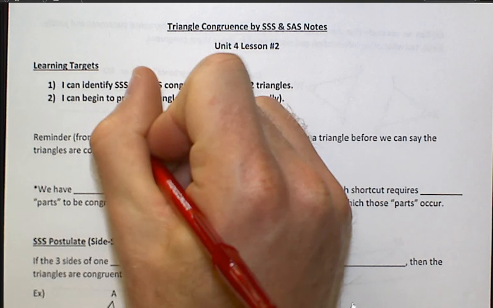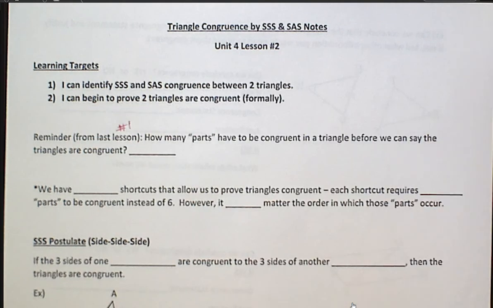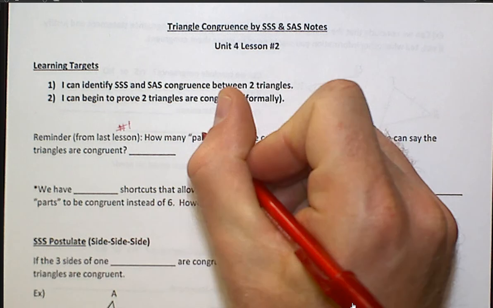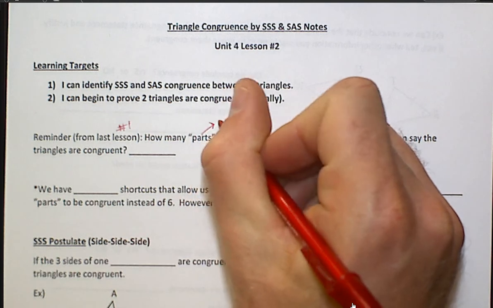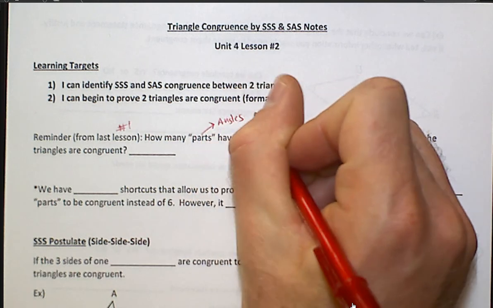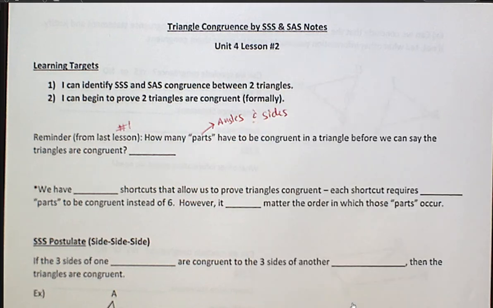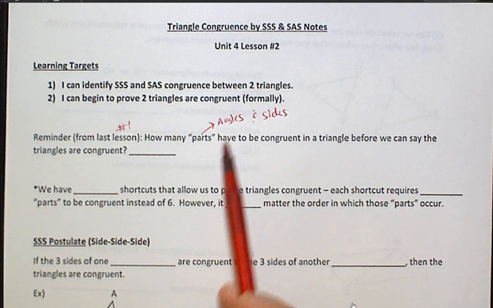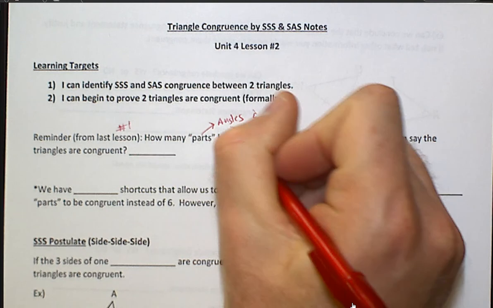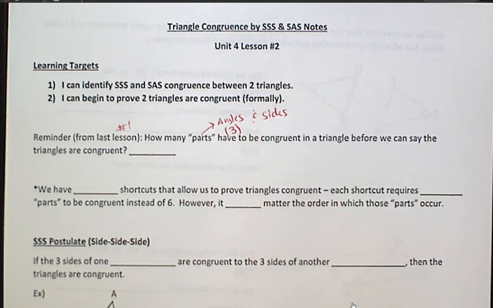Number 1, how many parts have to be congruent in a triangle before we can say that the triangles are congruent? If you recall, when I talk about parts, I'm talking about angles and sides. And if you remember, back in lesson 1, we had to show that all three angles from one triangle were congruent to three angles from the other triangle, and all three sides.